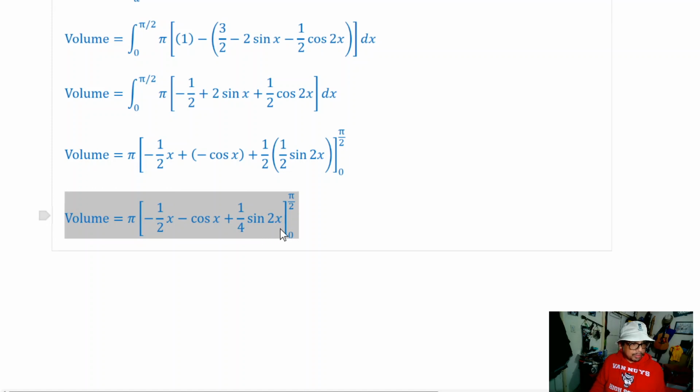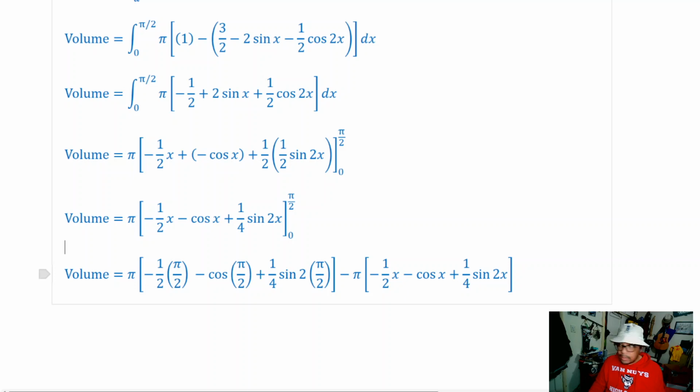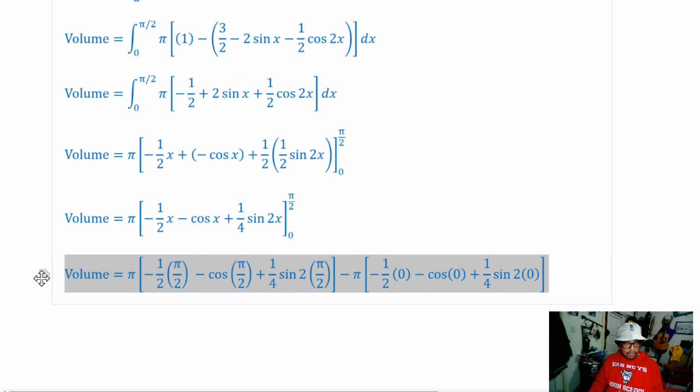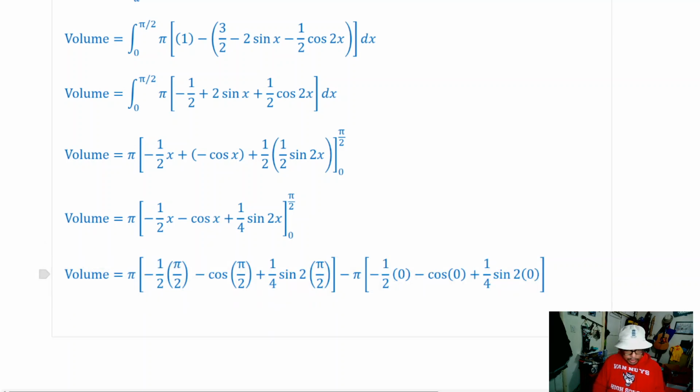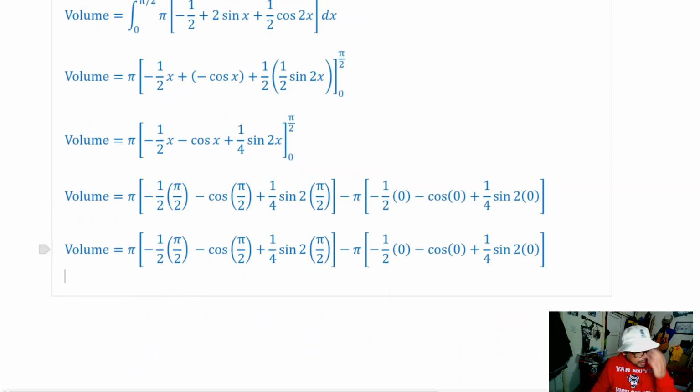Okay, let's substitute. We have this all built in. We're going to substitute all of these x's now with a pi halves. And then we'll take these x's back here and we'll turn these into zeros. There's our substitution. Then now we're going to evaluate. -1/2 times pi over 2, that's negative pi over 4.